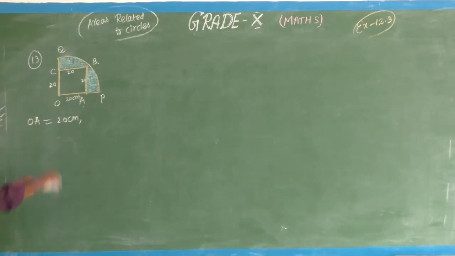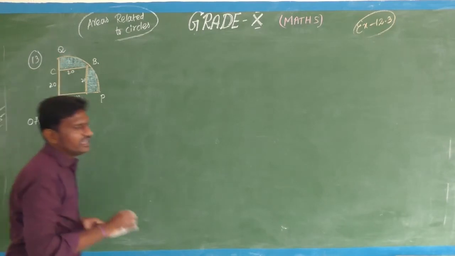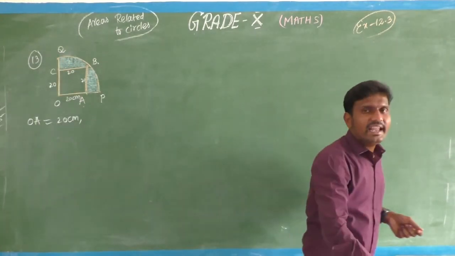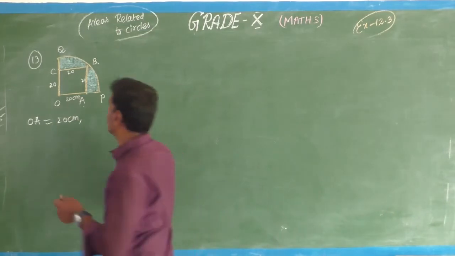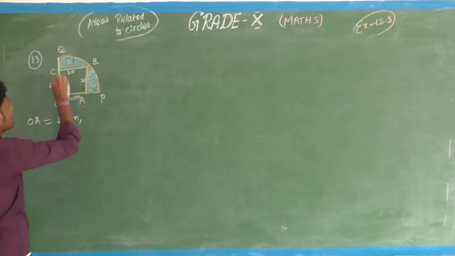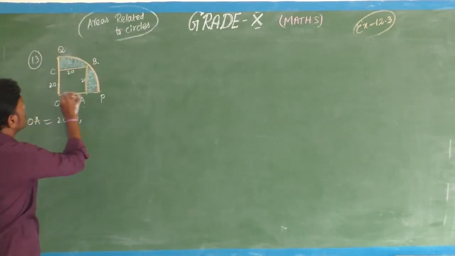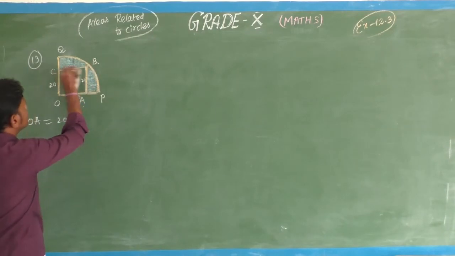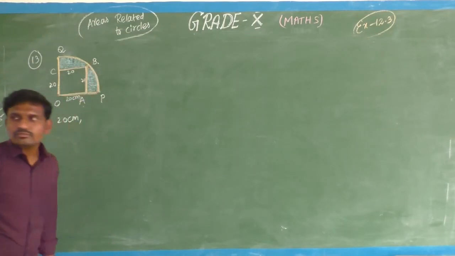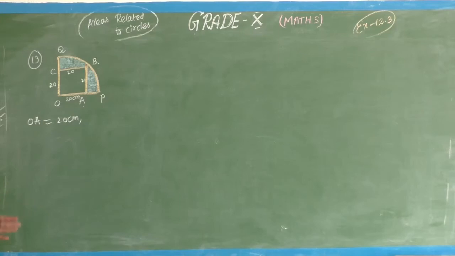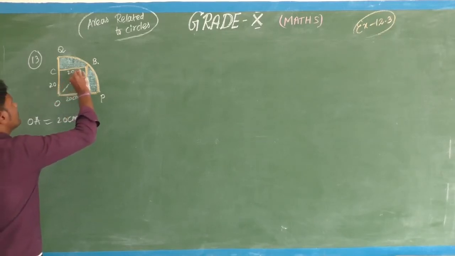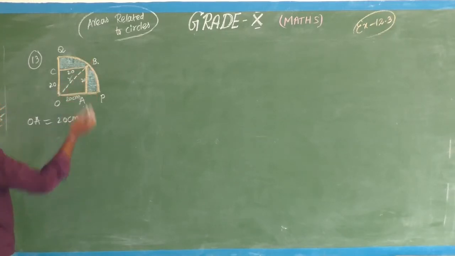Why? Because in the quadrant you have inscribed a square. The square is inscribed in that quadrant to get the shape like this. So from the figure, first we need to take a radius. In the quadrant, this is a radius.